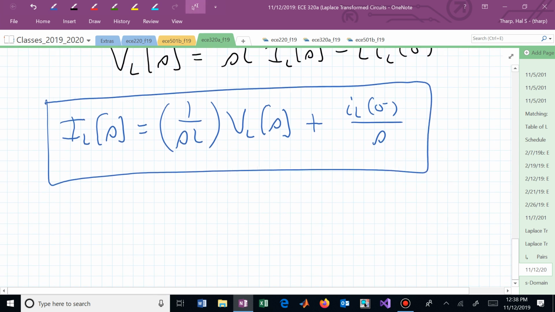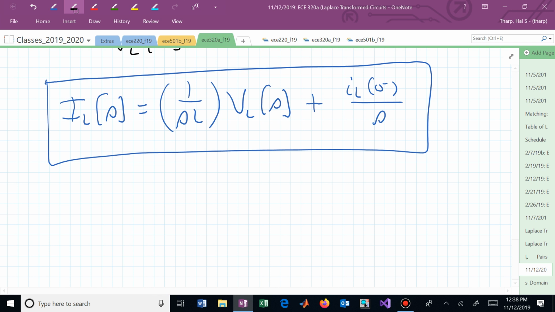express this in terms of its circuit schematic or circuit realization, and that can now be done by saying, oh, here is our inductor current, I sub L. Let's define that, and now that's made up of two pieces.